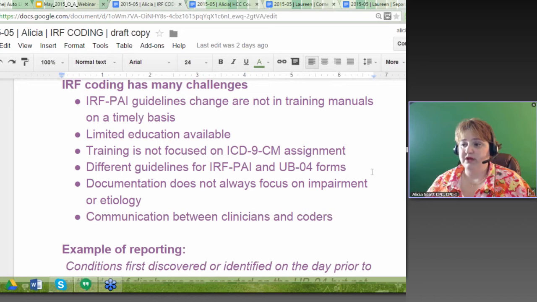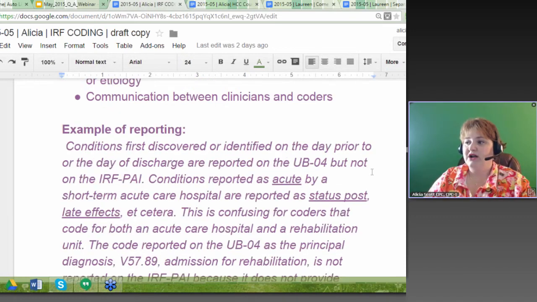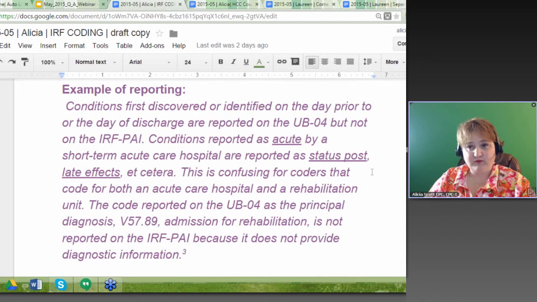So here's an example of reporting. This was an excellent example of how this would happen. Conditions first discovered or identified on the day prior or the day of discharge are reported on the UB04, but not on the IRF-PAI. Conditions reported as acute by a short-term acute care hospital are reported as status post or late effect, etc. That's the way they're going to be reported.